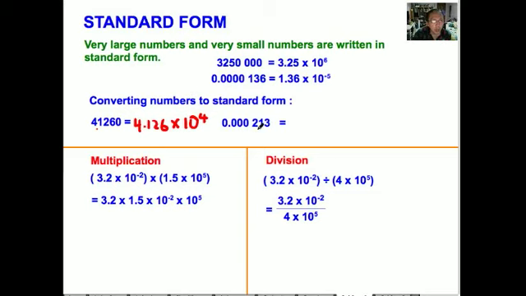In the same way, for division, again, we first write it as a fraction form so that the numbers will be together and the powers of 10 will be together.